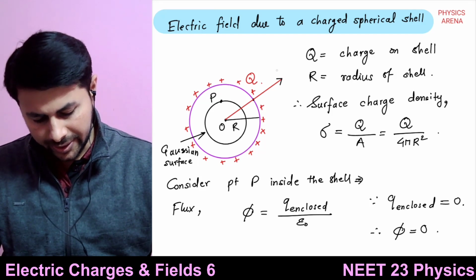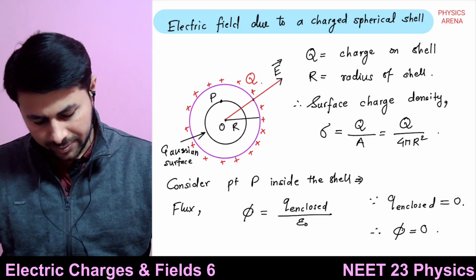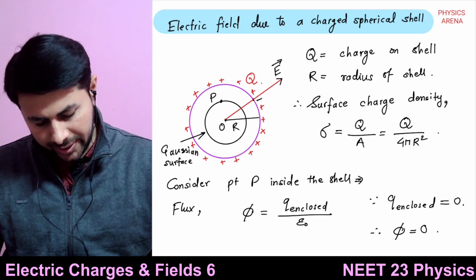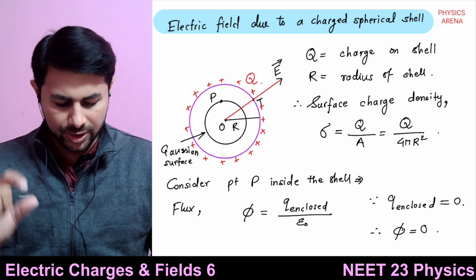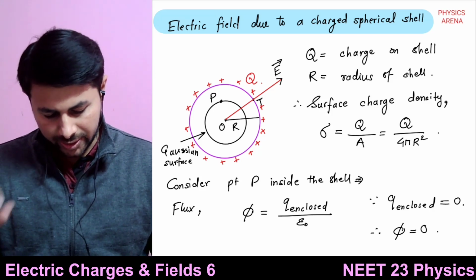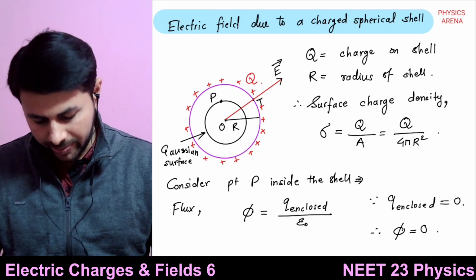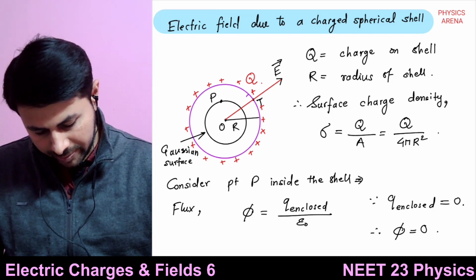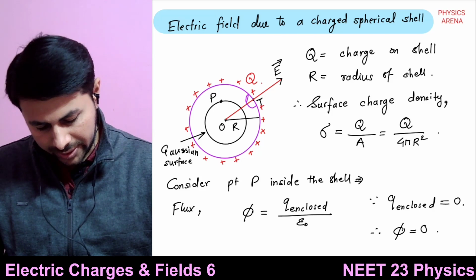It will be radially outwards. This is E bar. And here, this is my point T. So I will consider a small area around this point T, which is a small part of the Gaussian surface. Let's call it ds.